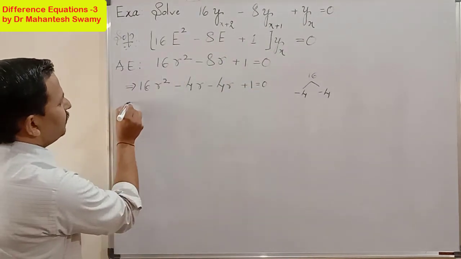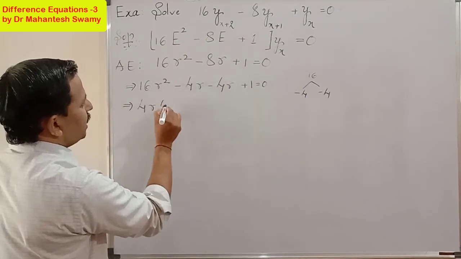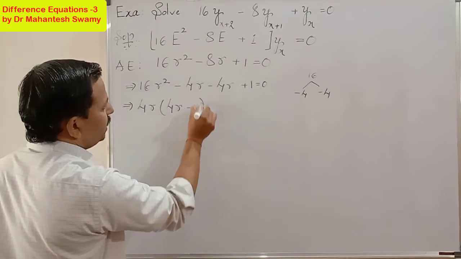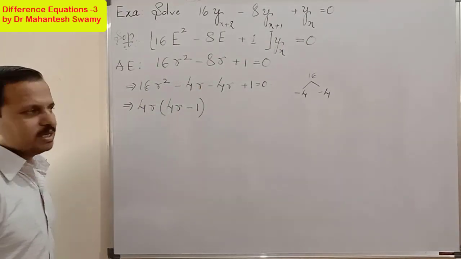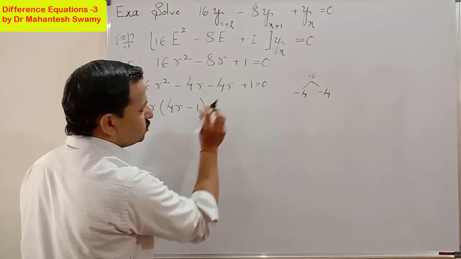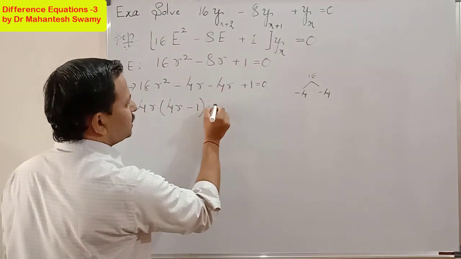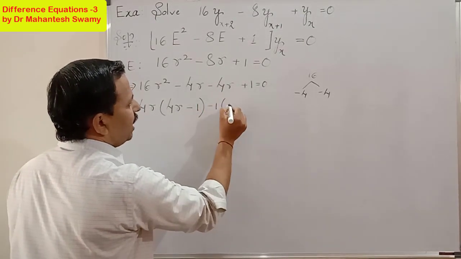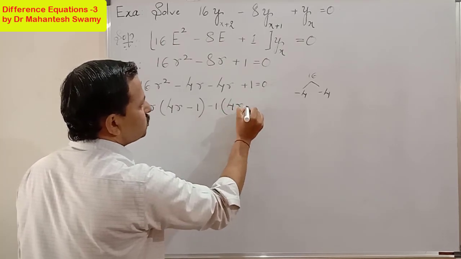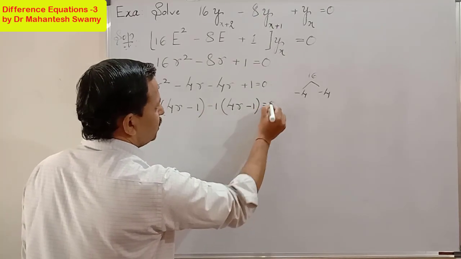Now, between the first and second terms, we can take 4r common, so as to have 4r here for the first term, minus 1 here for the second term. Similarly here, if we take minus 1 as the common factor, then we will have 4r here with positive sign, and plus 1 becomes minus 1 because minus 1 has been taken outside, so that is equal to 0.